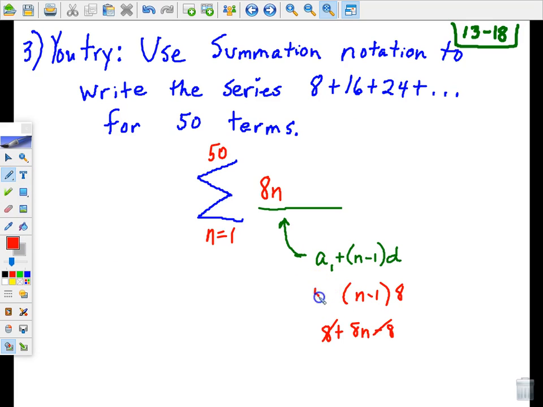What if I had this? Okay, that means I'll erase this. So we still distributed, but this time we have 5 plus 8n minus 8. Well, now we simplify, we get 8n minus 3.